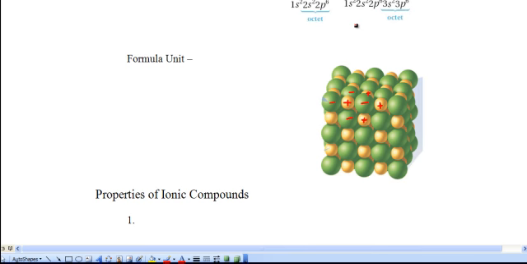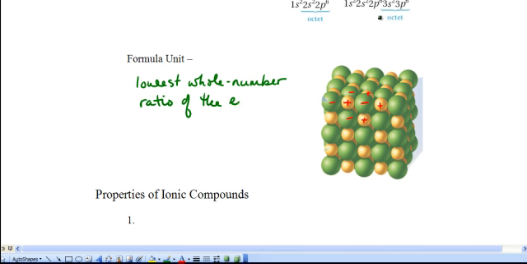So we have what's called a formula unit, which is just simply, let me go back to the green here, the lowest whole number ratio of the elements in the compound, or of the ions, because we are dealing with an ionic compound here.